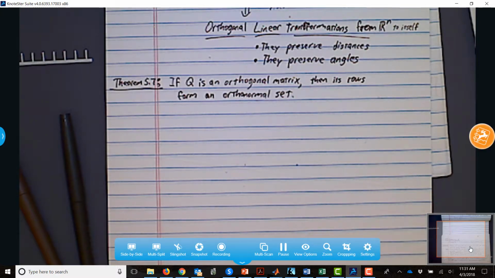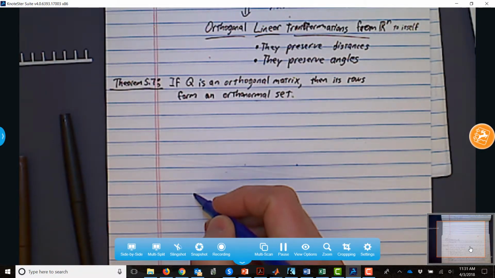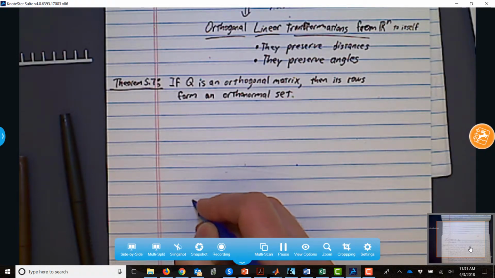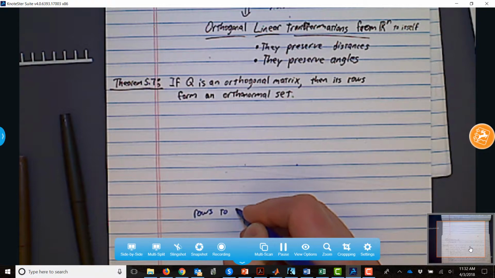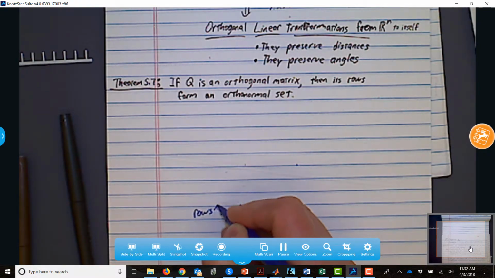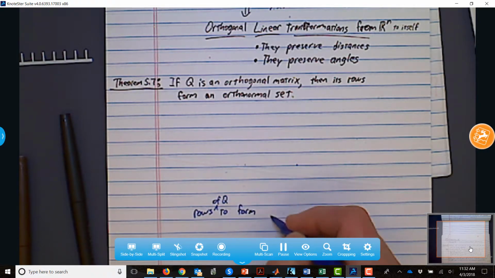So I guess, a couple different approaches you could try. At the end, we want the rows of Q to form an orthogonal set, or orthonormal.